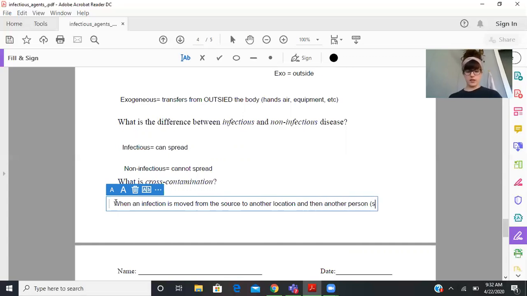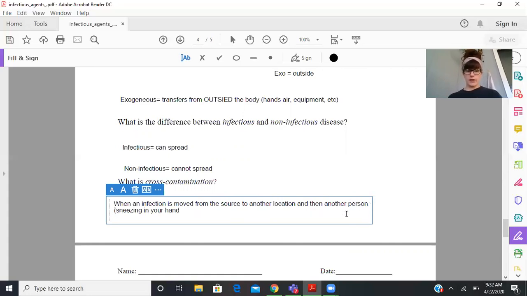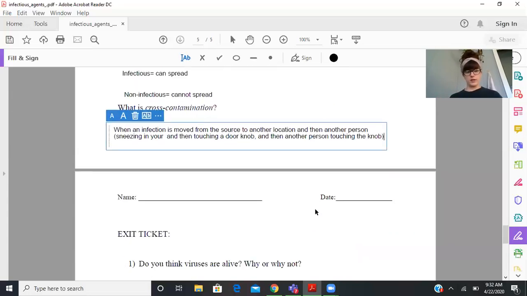So this would be like sneezing in your hand, and then touching a doorknob, and then another person touching the knob. So that's why it's super important that everybody washes their hands.